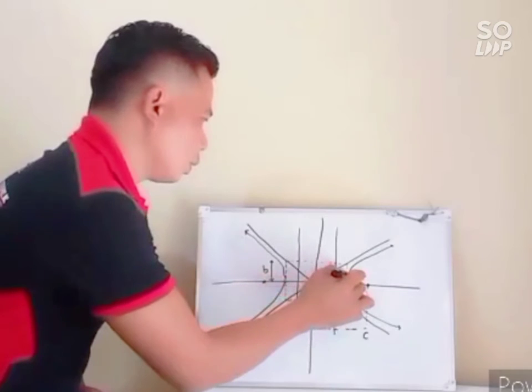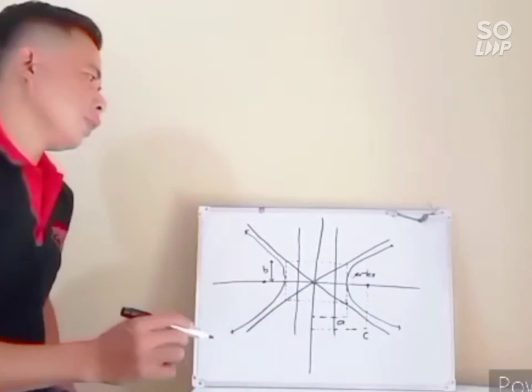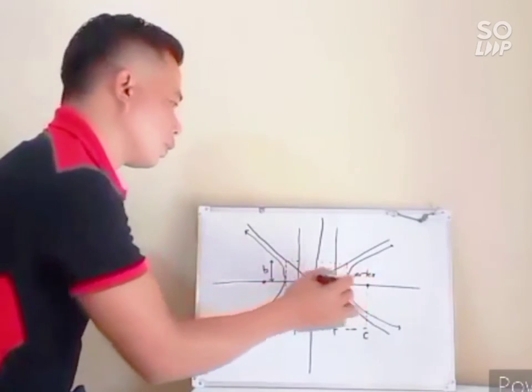This one is the vertex, and then this is the foci.